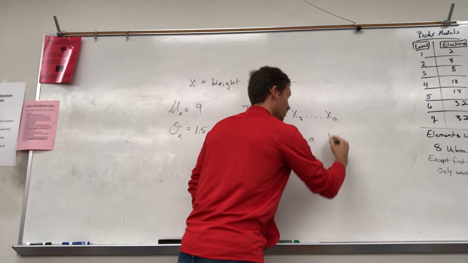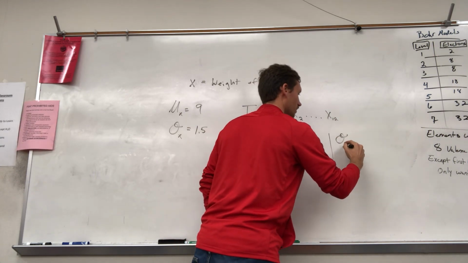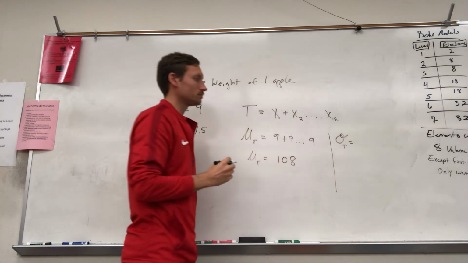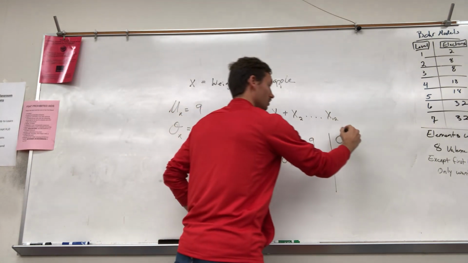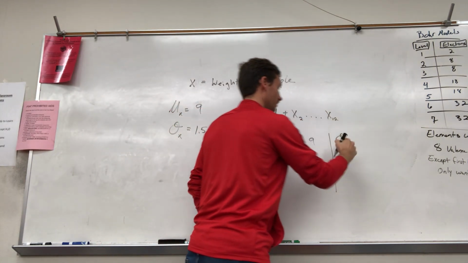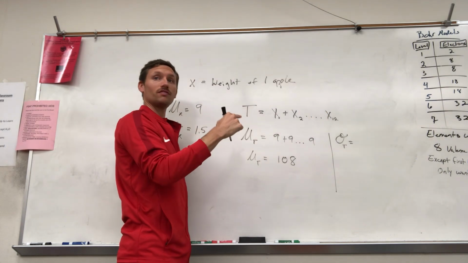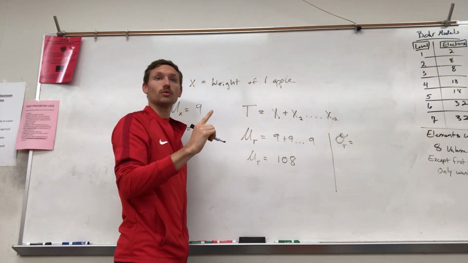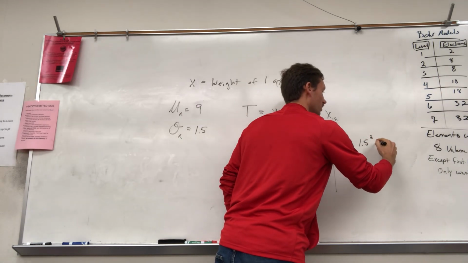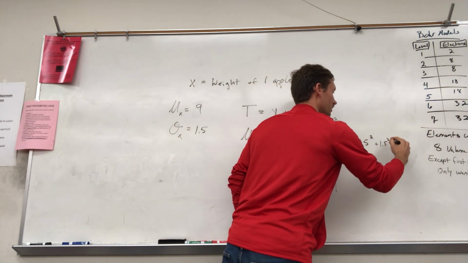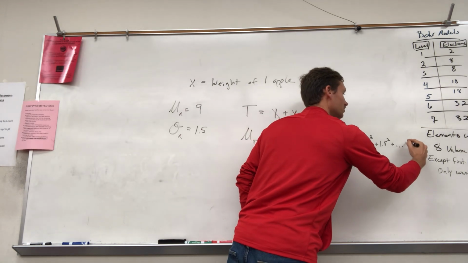So the standard deviation of the total, we have to add variances, right? So the standard deviation of one apple is 1.5. So we have to square it, 1.5 squared plus 1.5 squared, and we have to do that 12 times.